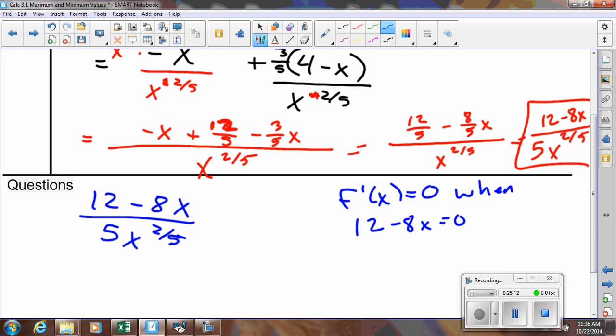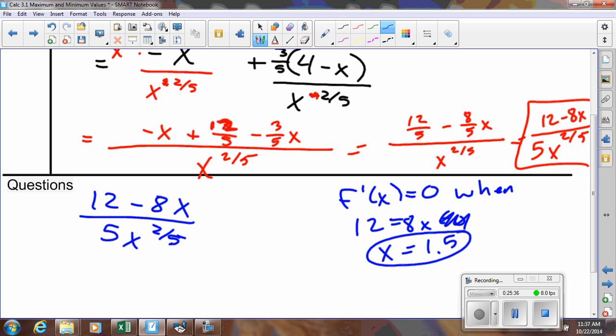So solve that. That's 12 equals 8x. Divide by 8 and you get x equals 1.5. This is one of our critical numbers. This x value will give us a horizontal tangent line.